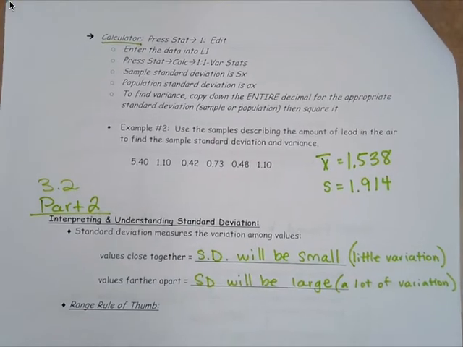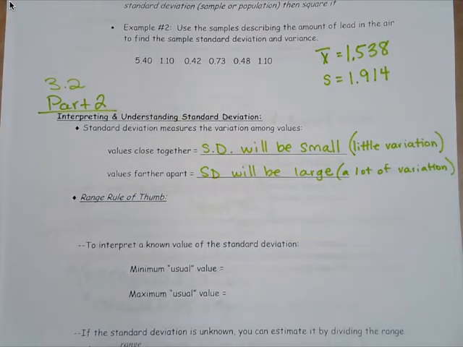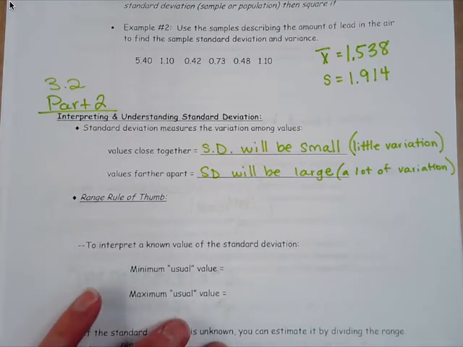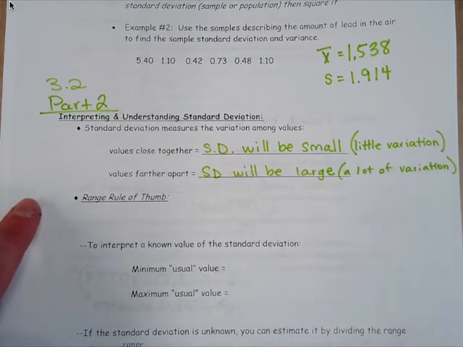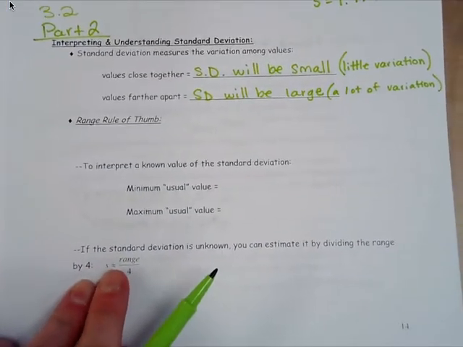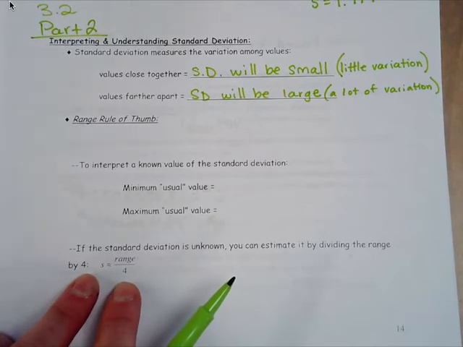Okay, we have another way to interpret the standard deviation. We can use the range rule of thumb. The way we use this is we're going to do an estimate, where you take the range divided by 4.